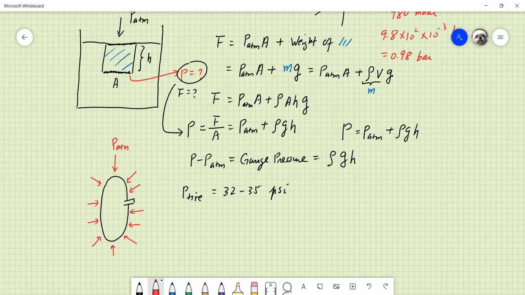But I know that the tire inside, you pump the air inside, so from inside it has an inner pressure against this atmospheric pressure. Let's say this one is called P. So 32 to 35 PSI means P minus PATM, the pressure difference between inside and outside. Are you with me?